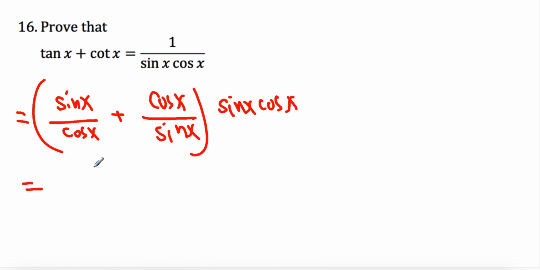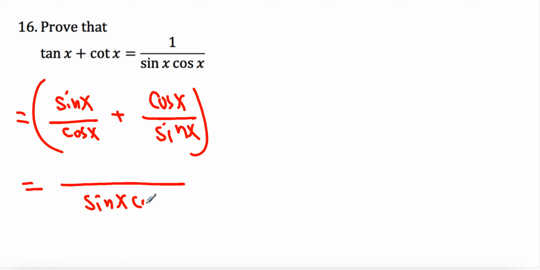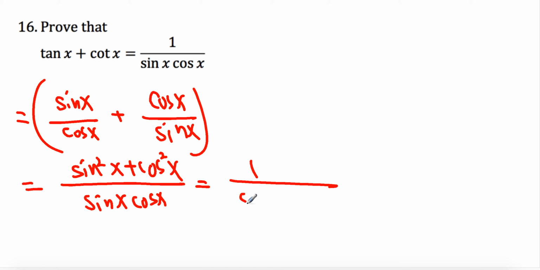Actually, not multiplying that one, having that as common denominator, we get sine of x times cosine of x. Then here we get sine squared x plus cosine squared x. Then we know that this is equal to 1 over sine of x and cosine of x. That's exactly how we have done it.